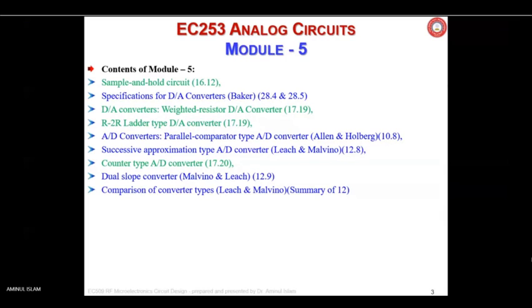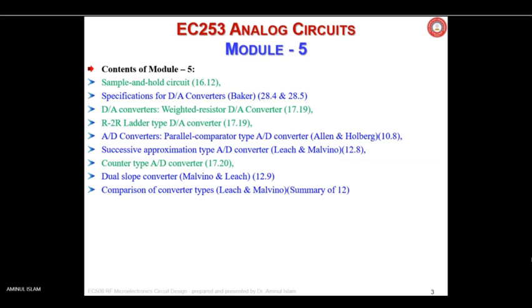Then ADC, analog to digital converters, of various kinds: parallel comparator type ADC, successive approximation type ADC, counter type ADC, dual slope converter type ADC, and a comparison of various types of ADC and DAC will be done.